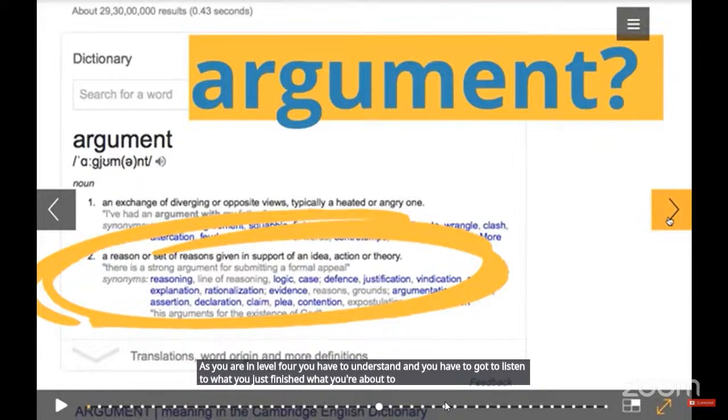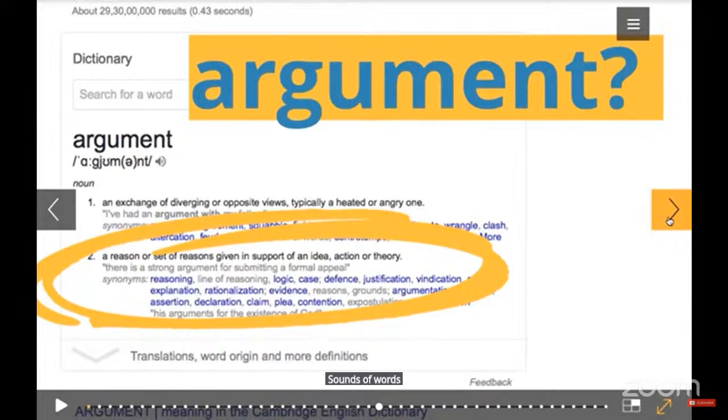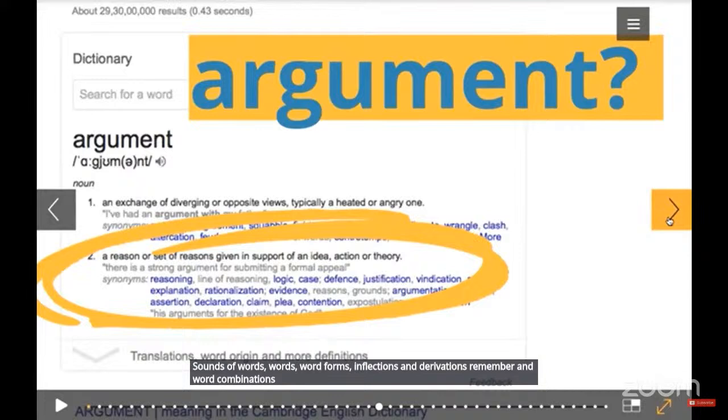You're going to complete a wonderful roller coaster journey that started with learning morphemes, the smallest meaningful units of the language. Sounds of words, word forms, inflections, and derivations. Remember? And word combinations, collocations. You remember all this?